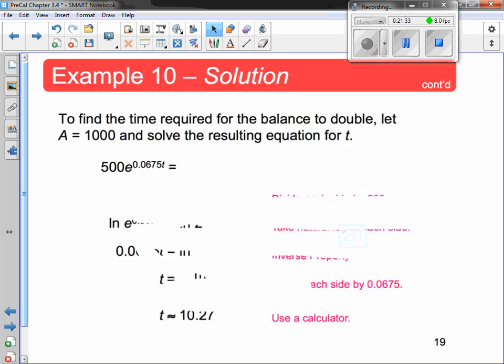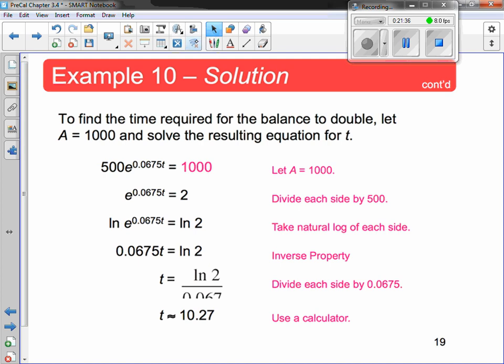And again, we can come back in using PERT, our percentage, principal times e to the rate times time equals the overall amount. So if they told us that the overall amount was $1,000, how long would it take to get there? We can go on and solve and say the time would be 10.27 years.